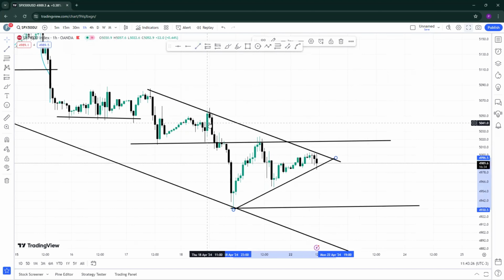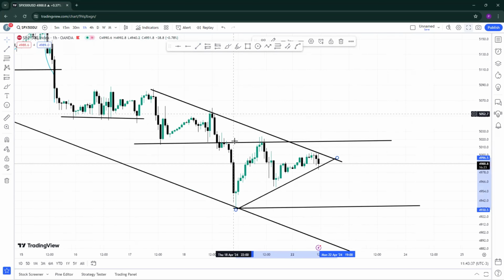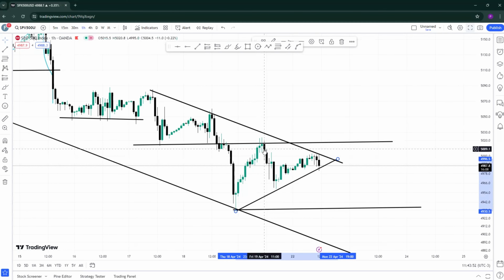This is also a confluence, telling us that we are still bearish. This is another confluence. The first confluence is that the market is in a correction state. Whenever the market is in a correction state, it doesn't move strongly.